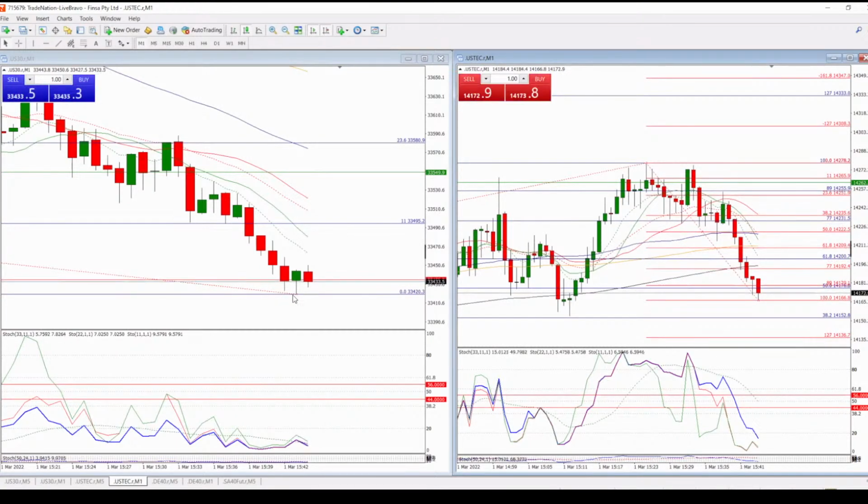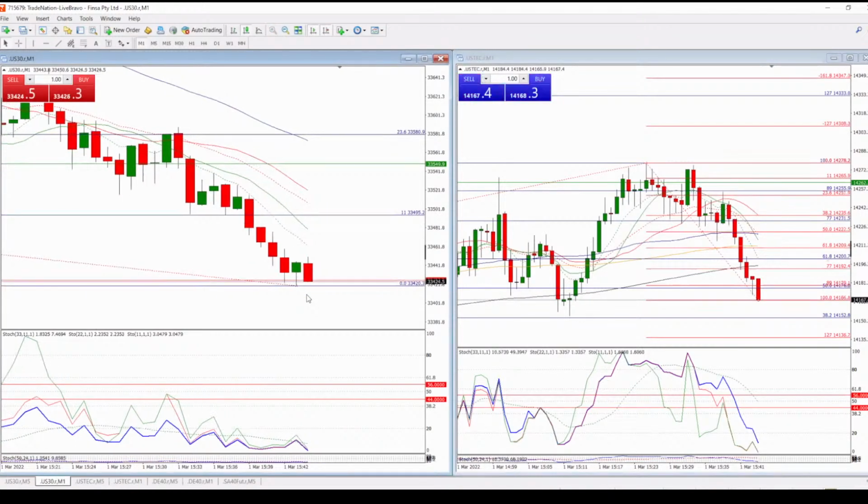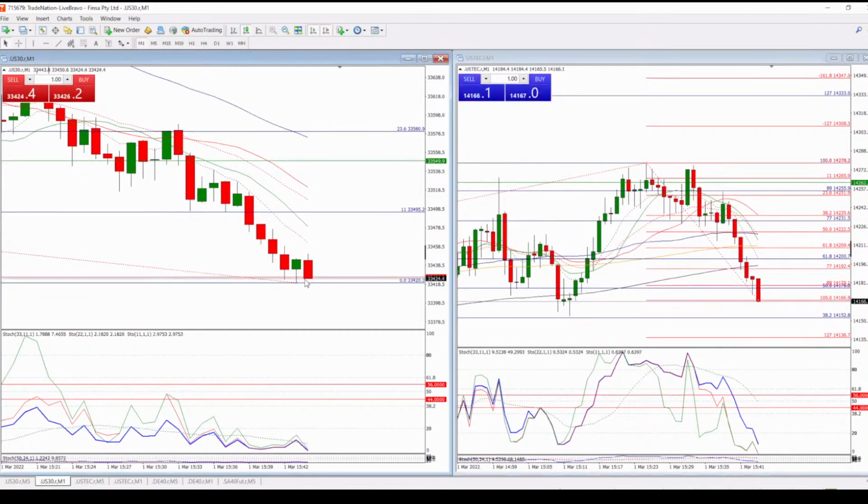Dow made that low. We just need that to hold for 2 candles for the trend chaser.